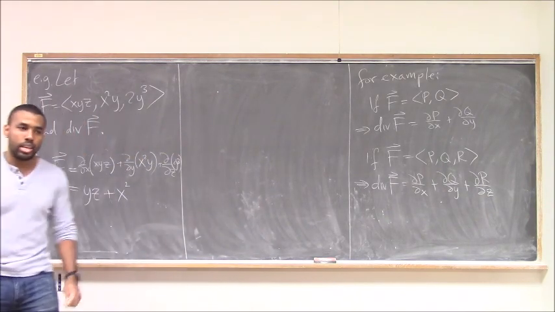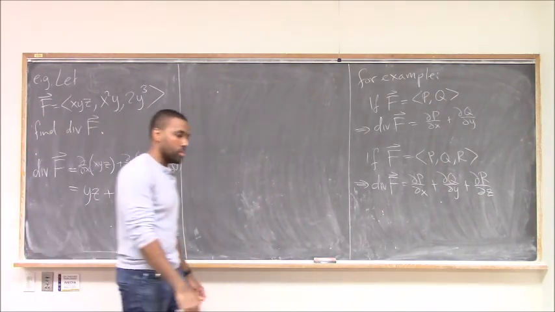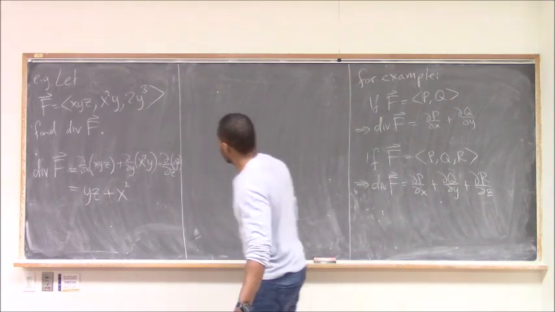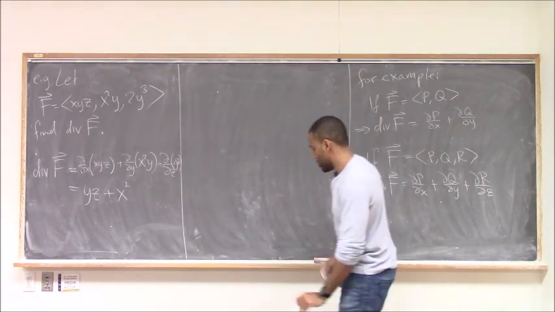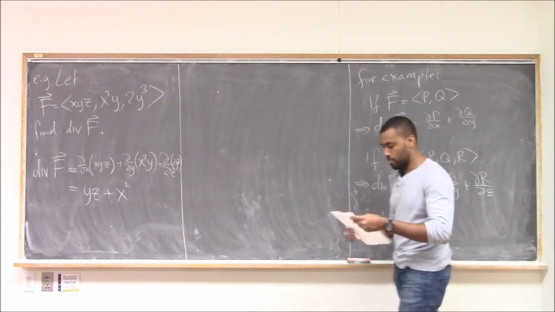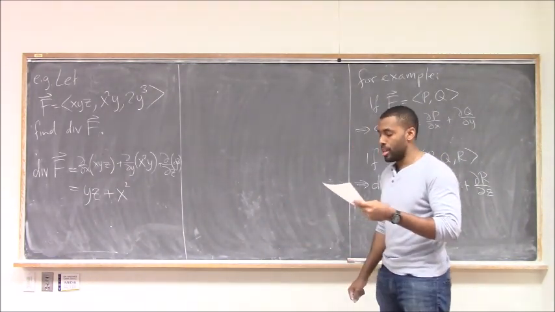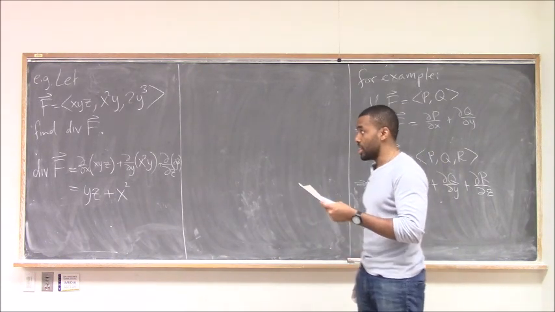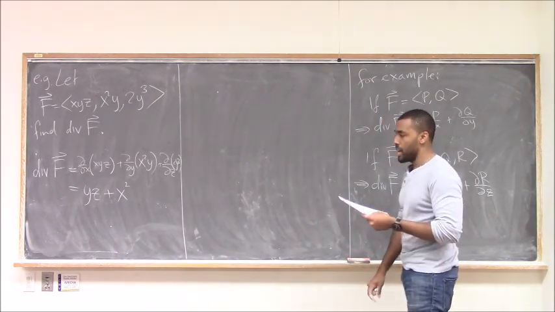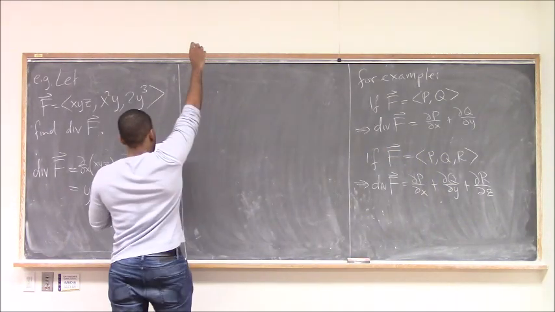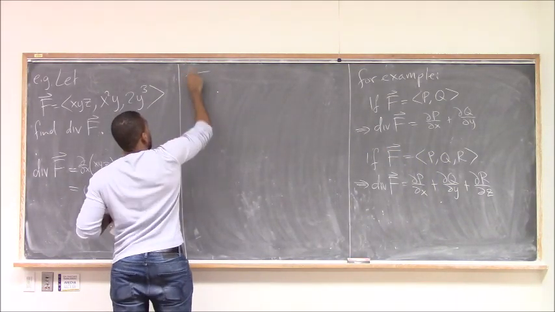I'll define more specifically what that means next lecture. And so that's going to be their geometric interpretation. As well, they have a lot more technical applications. Whenever you're doing fluid dynamics, electromagnetism, and all that, these things come into play.